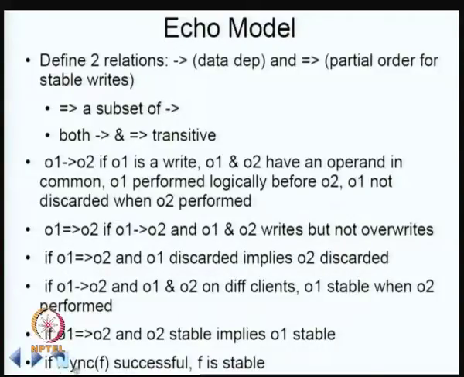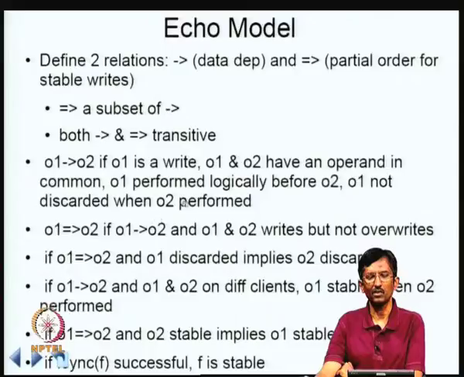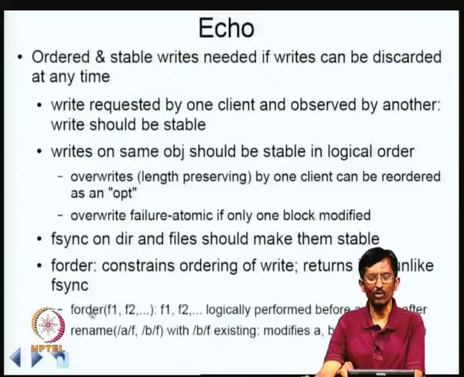And if fsync of F is successful, F is stable. So you have various rules of this kind, which basically tell you how you should structure your flushing of disks. There is also, as I mentioned earlier, F order.